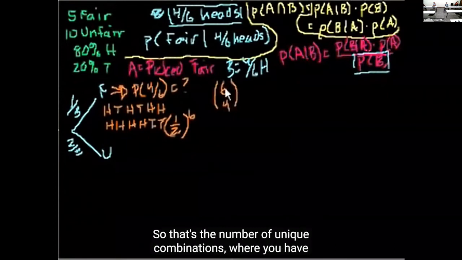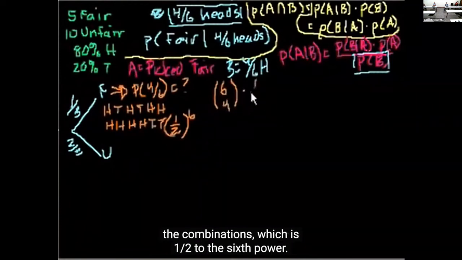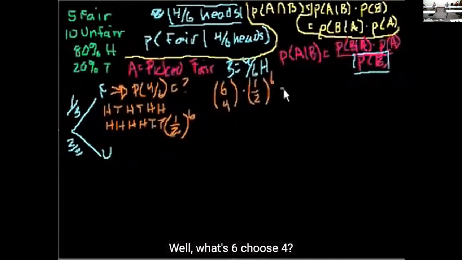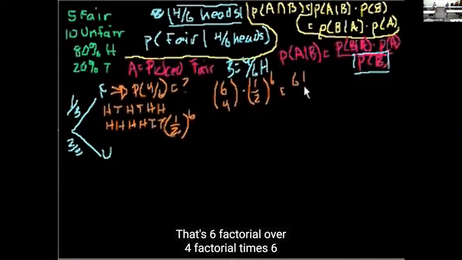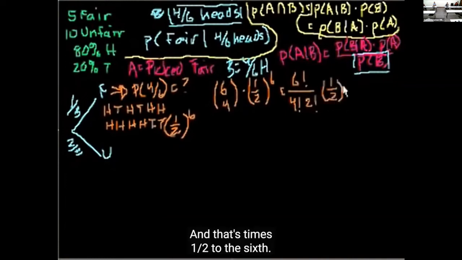So that's the number of unique combinations where you have 4 out of 6 heads, times the probability of each of the combinations, which is 1/2 to the 6th power. Well, what's 6 choose 4? That's 6 factorial over 4 factorial times (6 minus 4) factorial, so it's 2 factorial. And that's times 1/2 to the 6th.